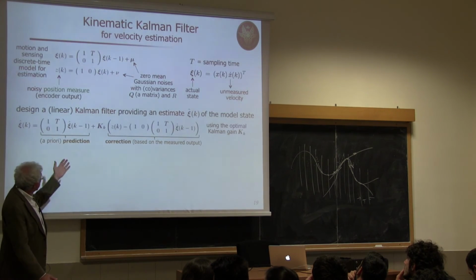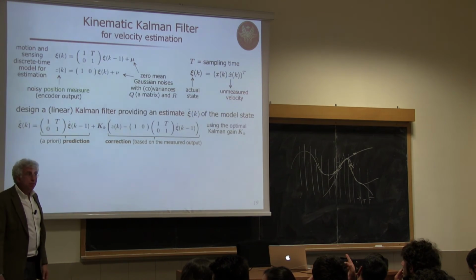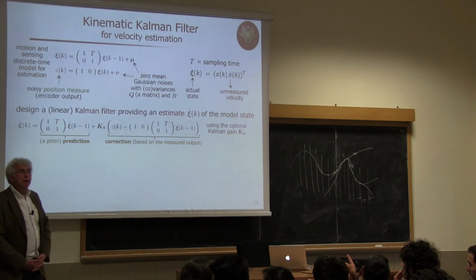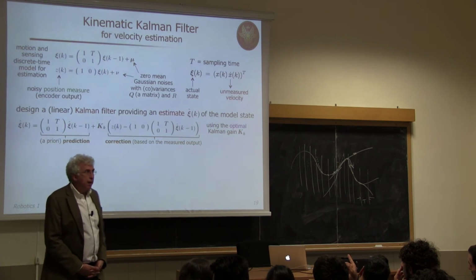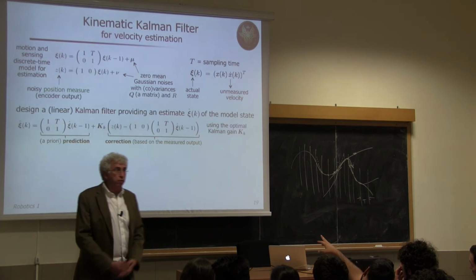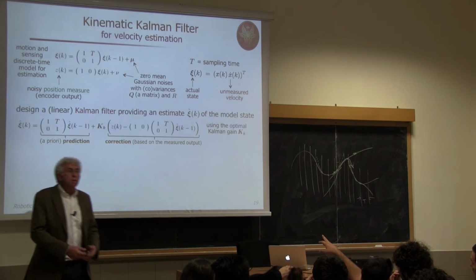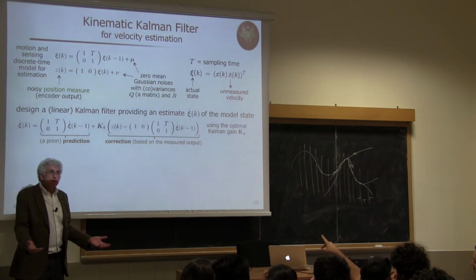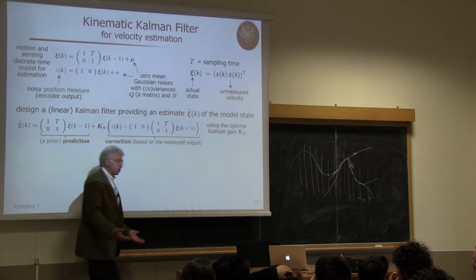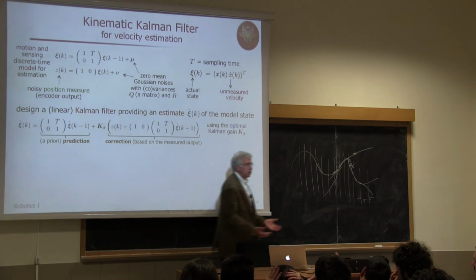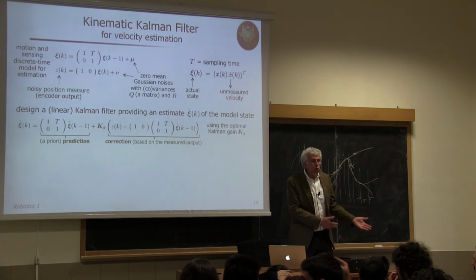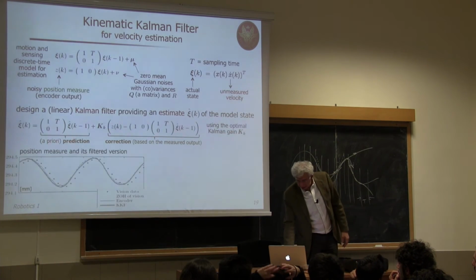So you can use a Kalman filter like this to process encoder data and provide a filtered version of the position and also an estimate, a smooth estimate of the velocity. And this is online because you're not using future samples, only the current sample.